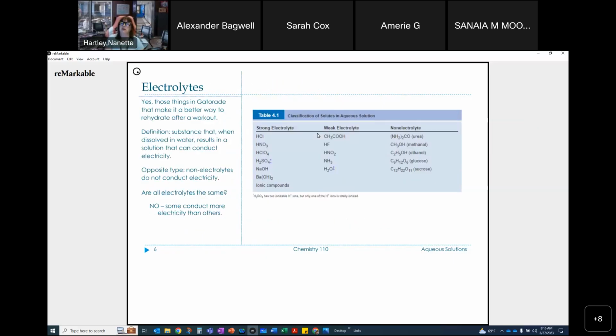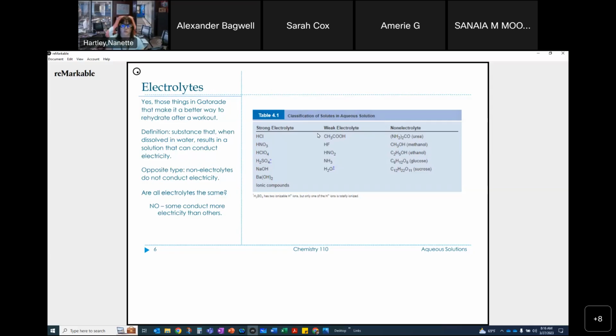Now, let's talk about one other thing that happens when we go into water. When we have compounds that are dissolved in water, their behavior depends on what kind of compound they are. And this gets us into the subject of electrolytes. Now, electrolytes are great things. We've all been told that Gatorade is good for us, right? And it contains electrolytes. An electrolyte is a substance that, when dissolved in water, results in a solution that can conduct electricity.